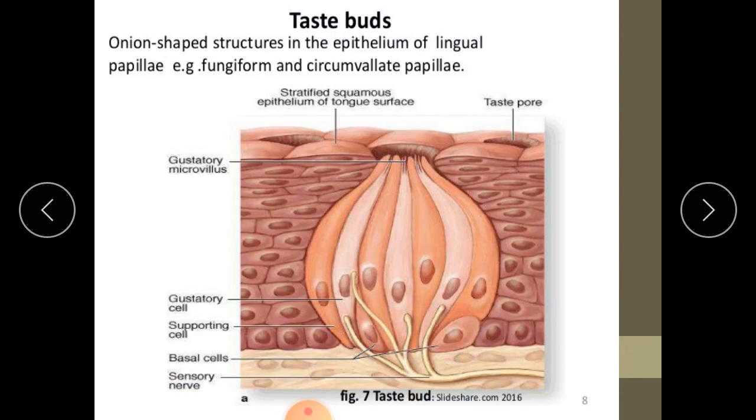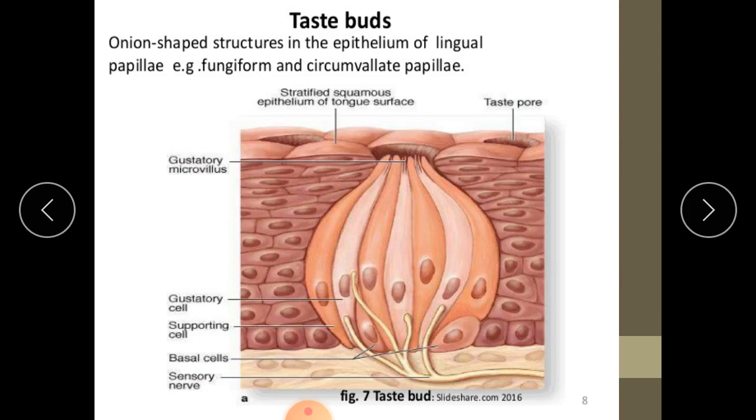Through these openings the dissolved food enters the taste buds, and the microvilli are sensitized by a particular taste, and that taste goes to the brain for interpretation. The neuroepithelial cells have short hair-like processes which project into the pore canal of the taste bud. Special sensory nerve fibers enter the taste buds and supply these cells.